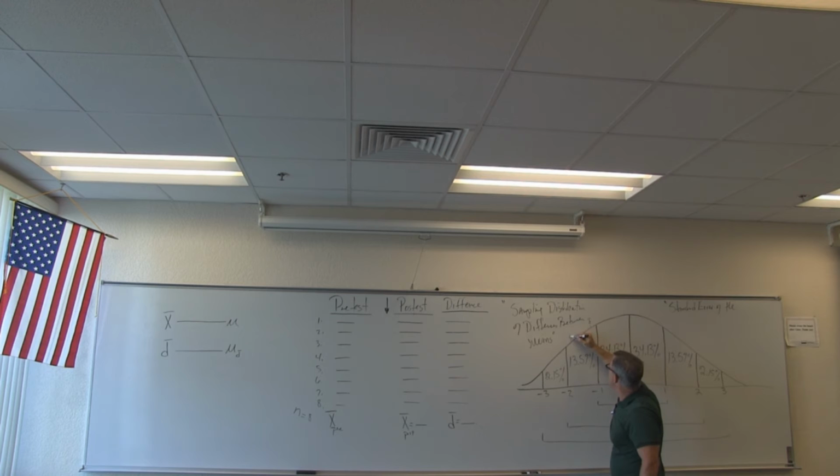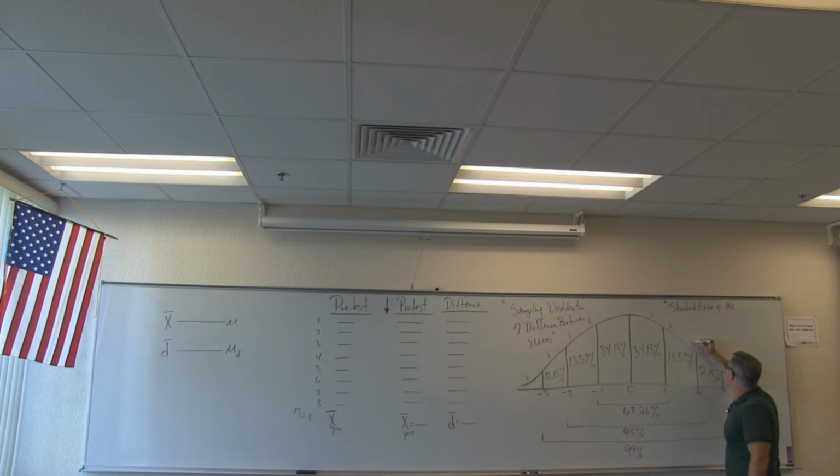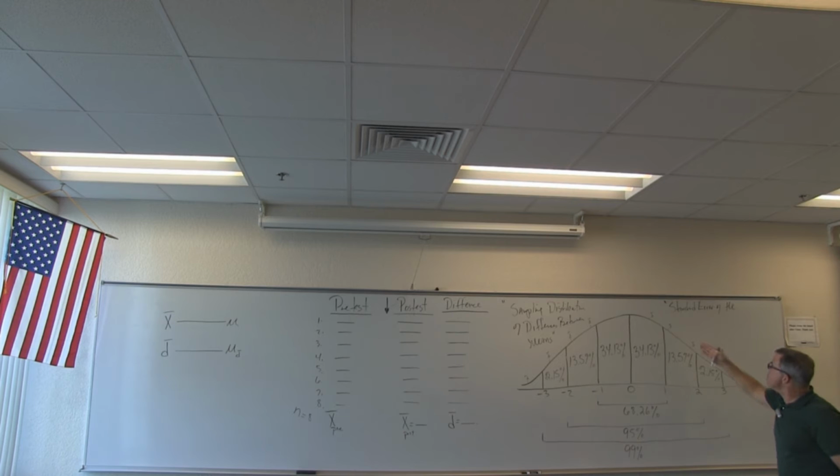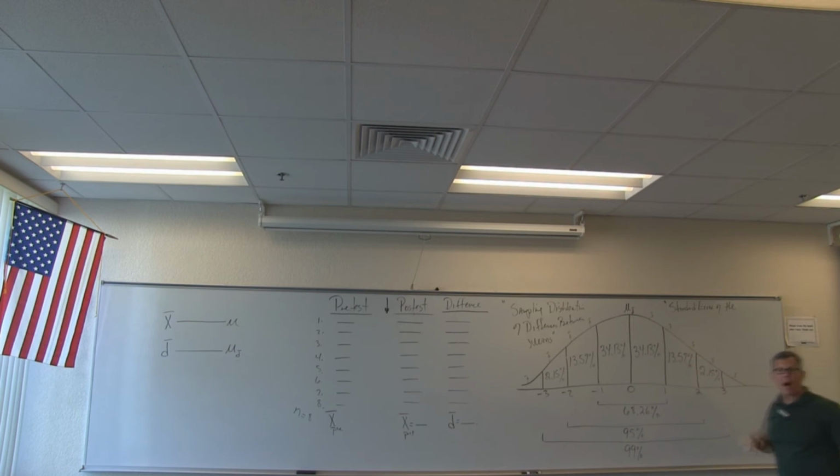Each one of these infinite amount of mean data points, instead of being an x bar, is now a d bar. We have a sampling distribution of differences between means. The mean of the mean differences we're going to call mu sub d bar. The mean of the mean differences.